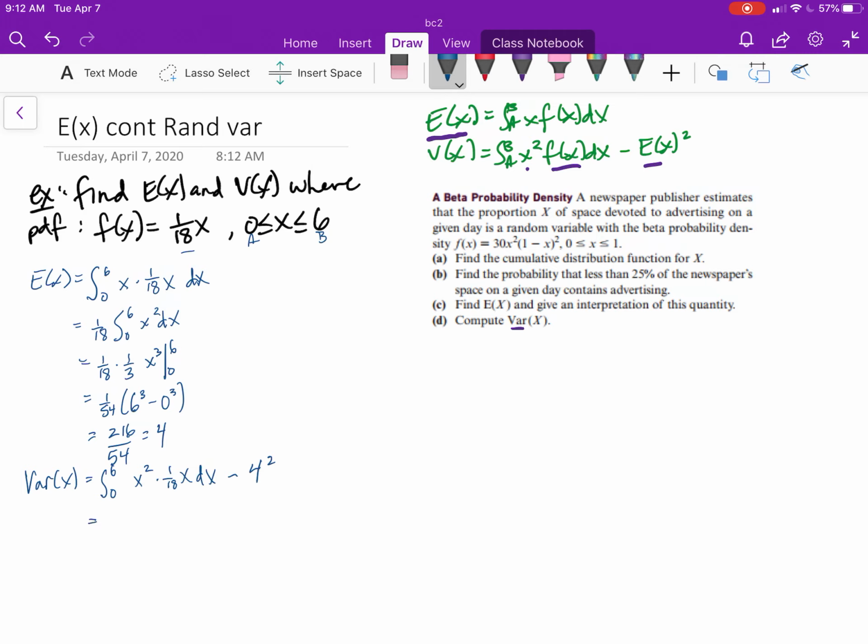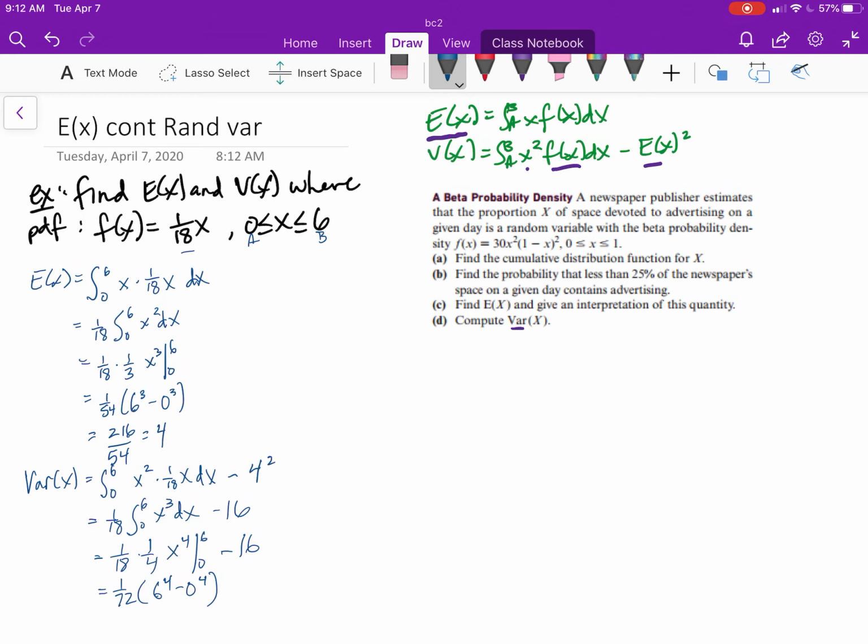This integral is fairly similar. 1/18 is pulled out, but now we're integrating x to the third, so that's x to the fourth over 4, so 1/18 times 1/4, x to the fourth, from 0 to 6. Whatever we get, subtract 16. 18 times 4 is 72. 6 to the fourth minus 0 to the fourth. 6 to the fourth, just use a calculator.